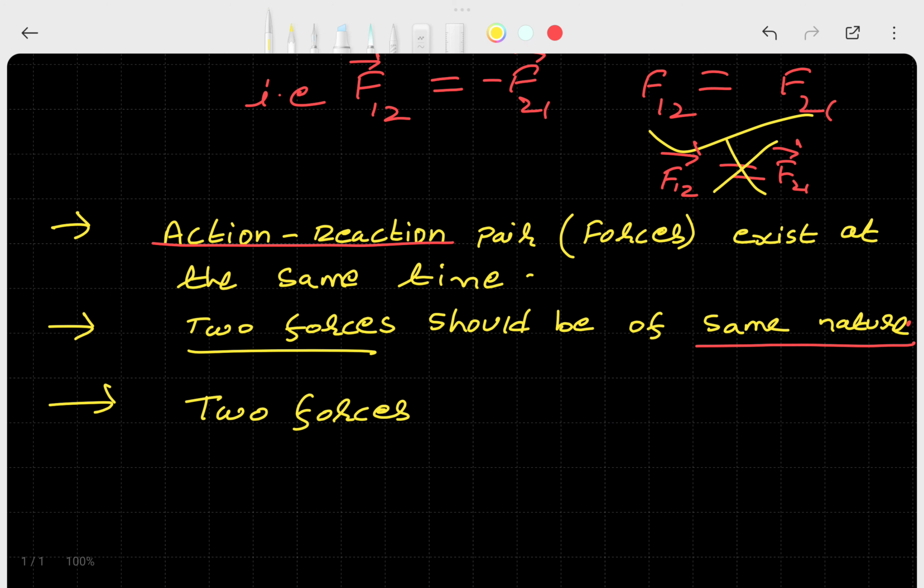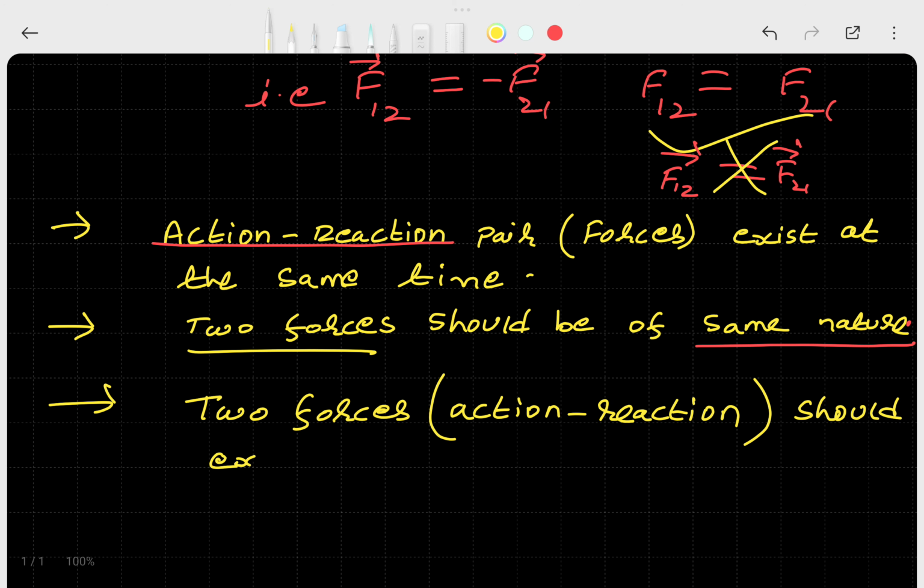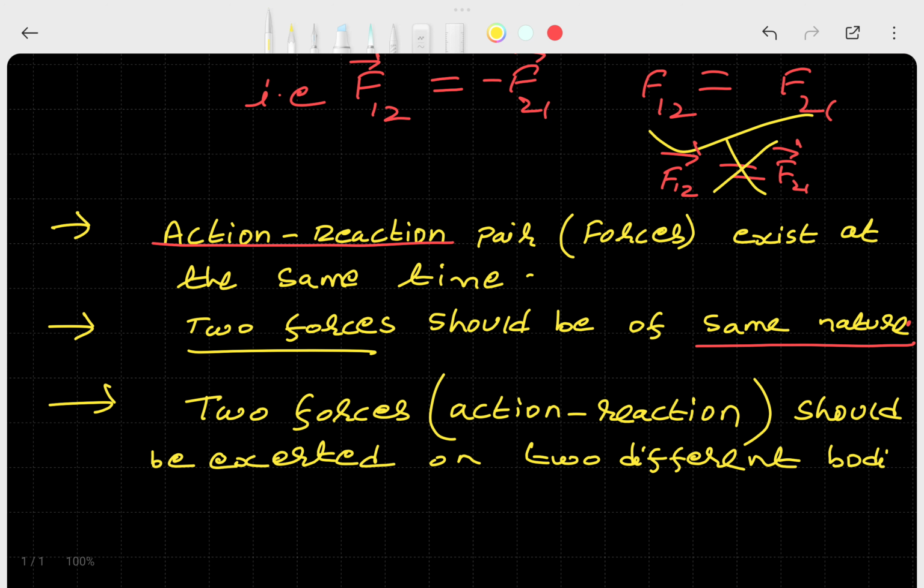And they should be exerted on two different bodies, not the same body, or two different objects. So this point you should remember.